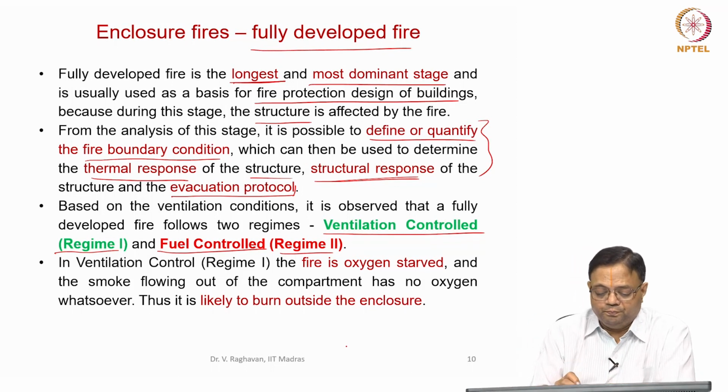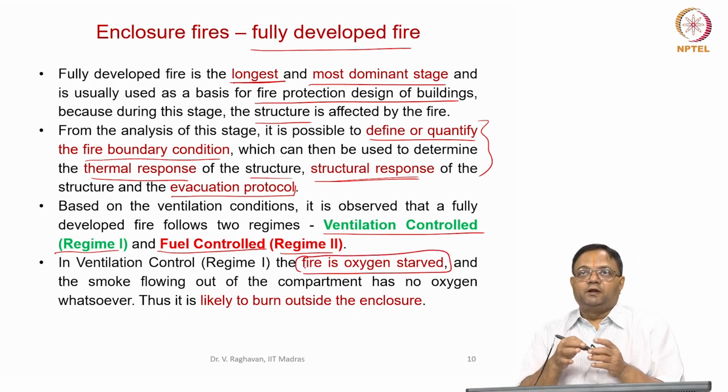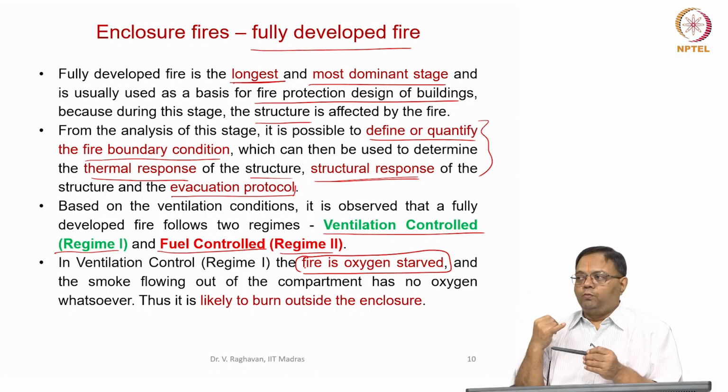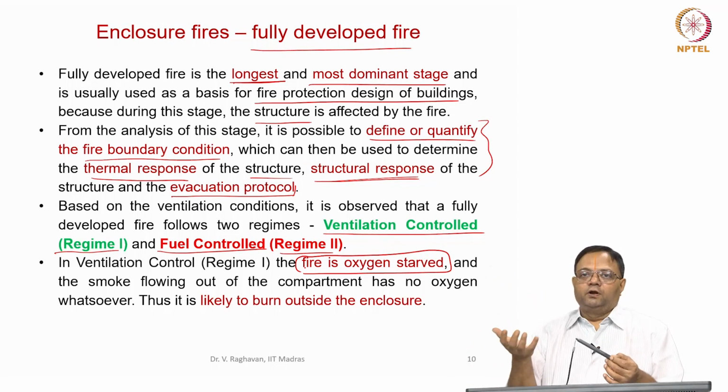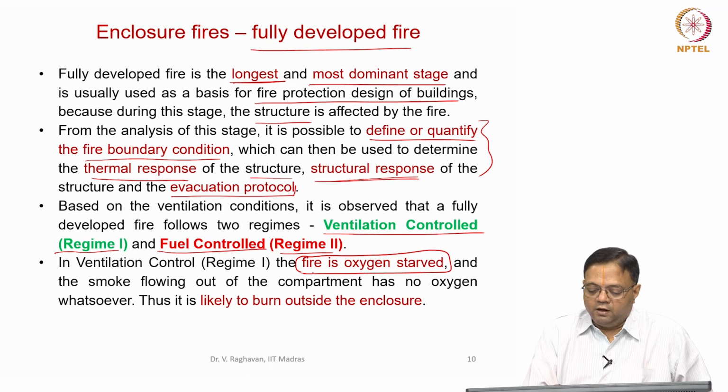When will these two regimes be observed? We will see that in the ventilation control, the fire is oxygen starved, that is, ventilation is limited, maybe only one window is open, and a lot of commodities are burning. You will see that more air is required to burn them. That is, the fire is fuel rich and oxygen starved.